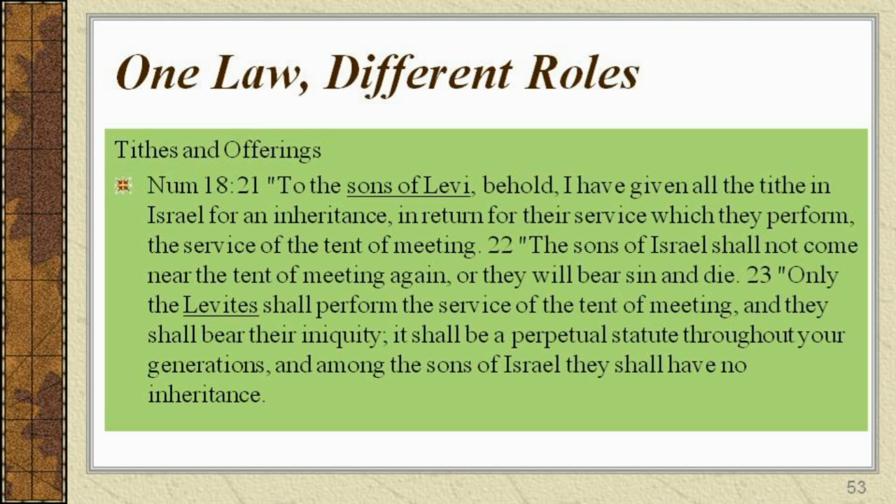The sons of Israel shall not come near the tent of meeting again, or they will bear sin and die. Only the Levites shall perform the service of the tent of meeting, and they shall bear their iniquity. It shall be a perpetual statute throughout your generations, and among the sons of Israel they shall have no inheritance."